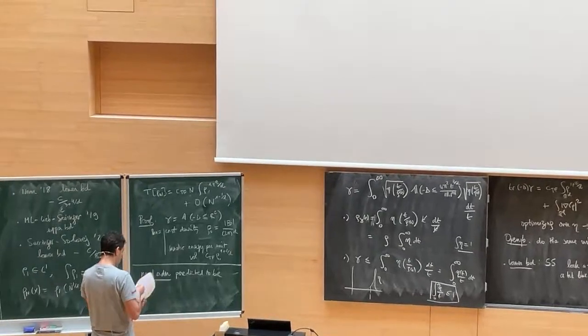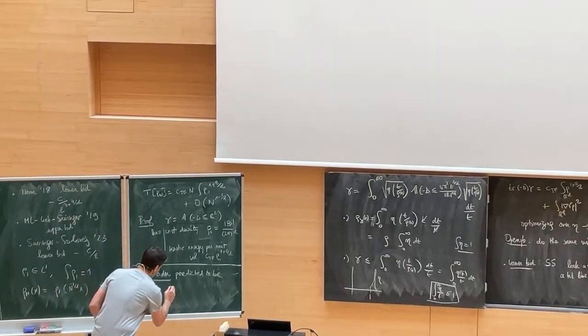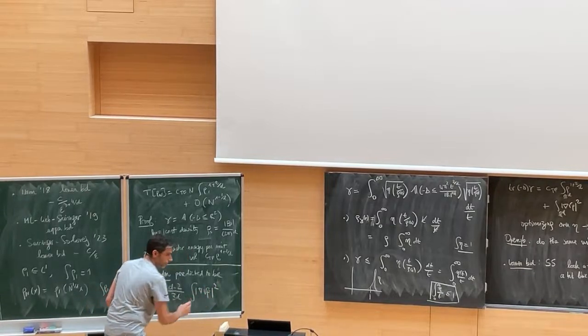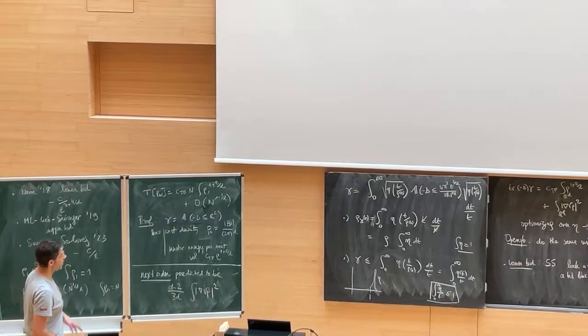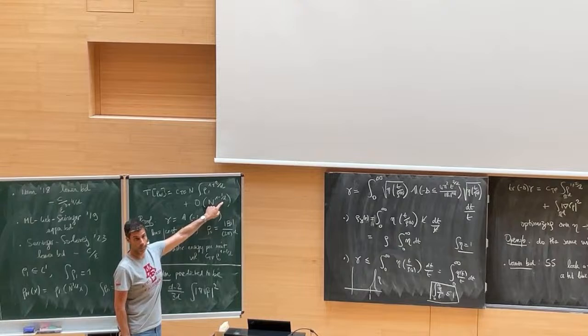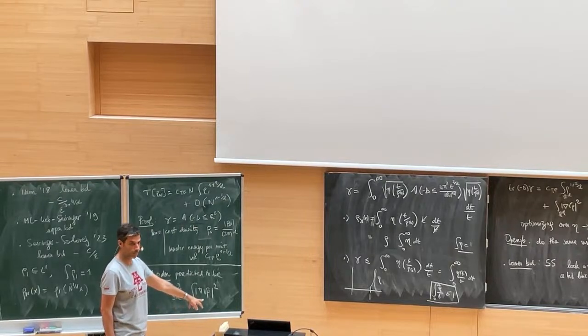Now we mess up the constants, so it's (d minus 2) divided by 3d, and then the gradient of square root of rho, squared. In particular, you see that this 1 minus 1 over d is not optimal. You think it must be a 2 over d, not 1 over d, because you have a gradient squared.